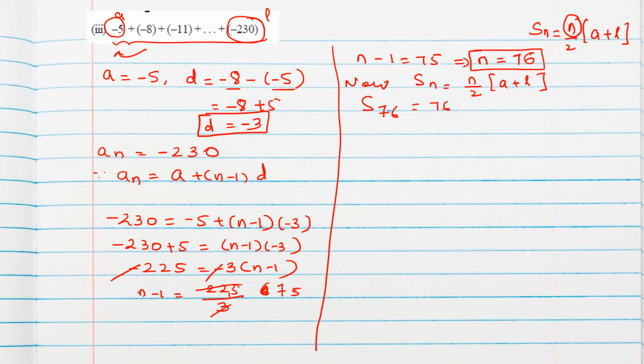So 76 by 2, a is minus 5 plus l, the last term, is minus 230. So 76 by 2 and minus 235. We can cancel 2 3s are and 2 8s are, then minus 235.